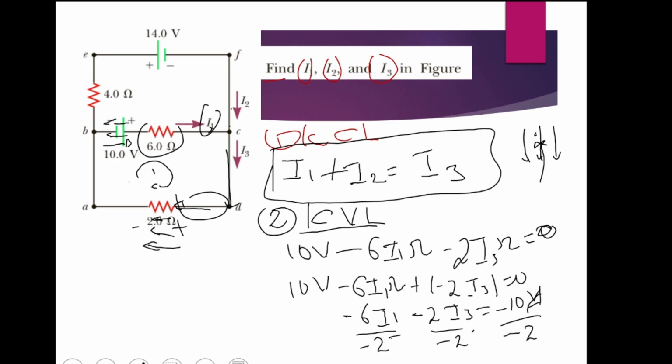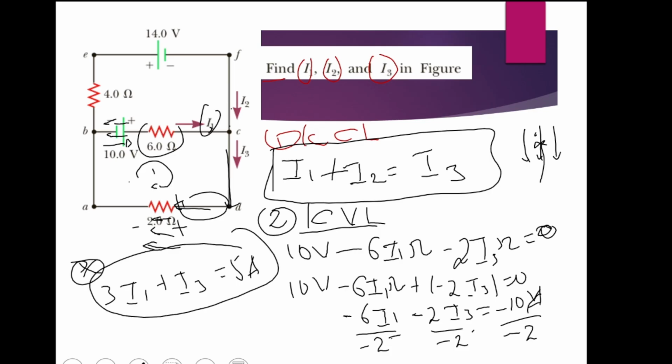Then finally we'll obtain 3 I1 plus I3 equals 5 amperes. This is the second equation that we have, in addition to the first one. Let's proceed.